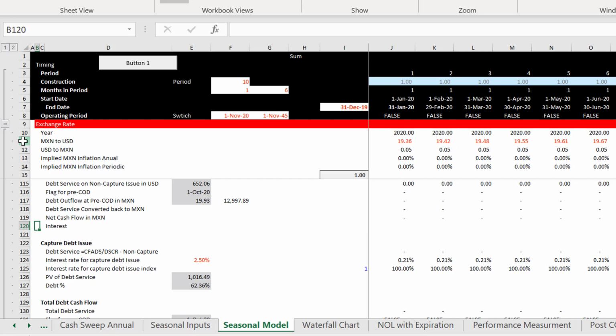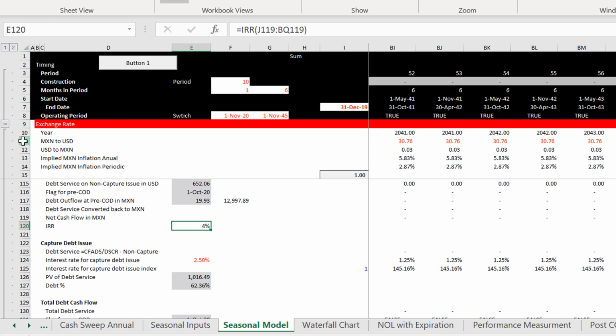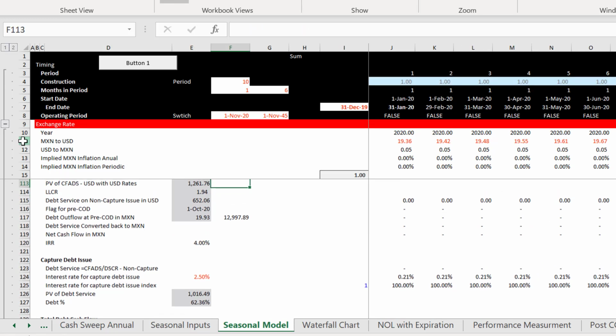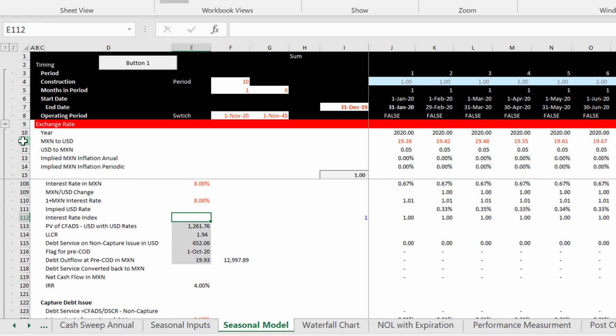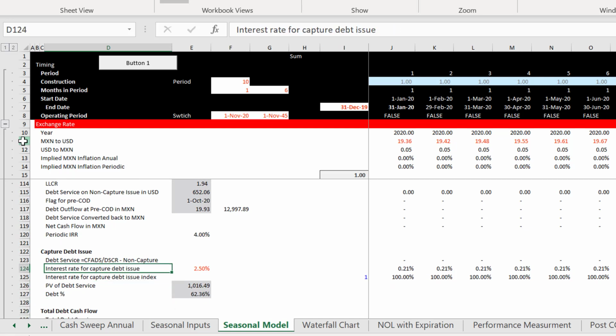No XIRR, just a regular old IRR. And there we get that's the 1/2 of the 8%. That worked. Okay, periodic IRR.